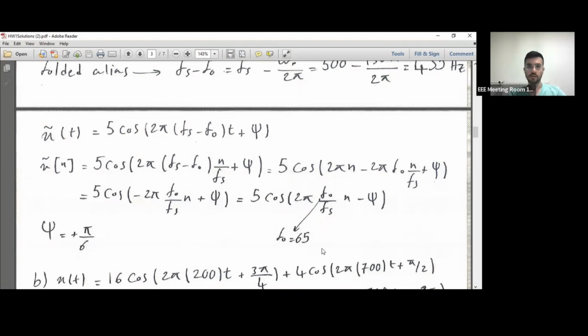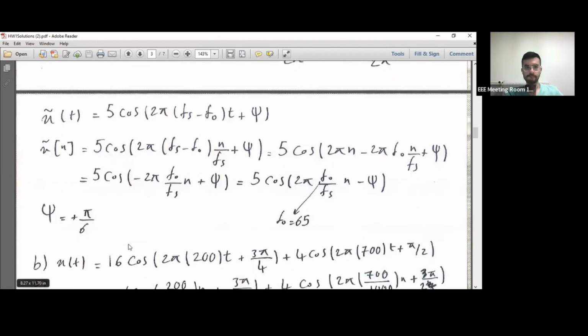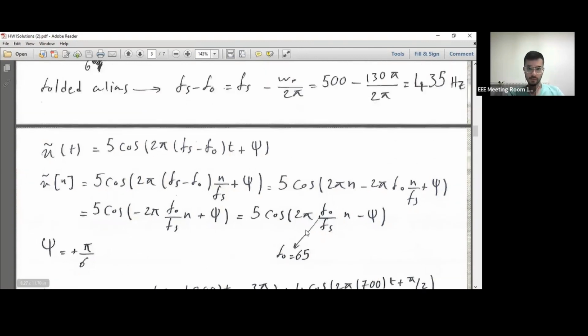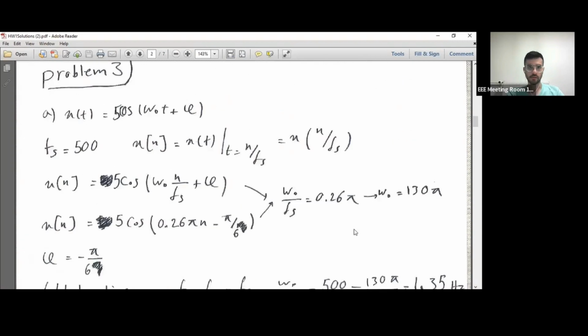So f0 is 65, and we know that fs was 500. So phi also equals positive pi over 6. So we have two signals, as you can see. One of them is here, and the other one we can see here.